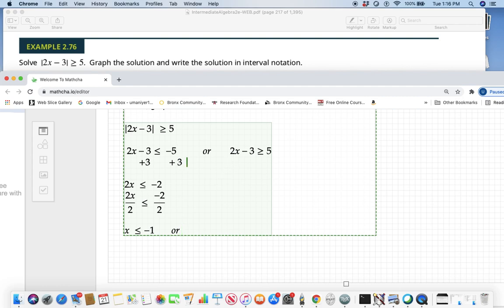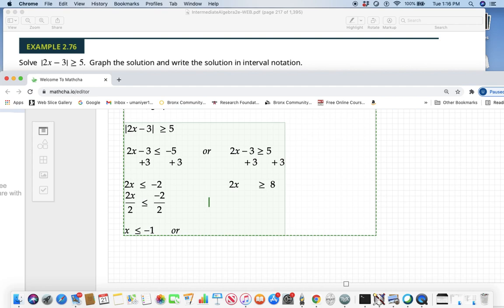So let's see. Similar story here. Add 3 to both sides. When you simplify, you get 2x on the left here greater equals 5 plus 3, 8.